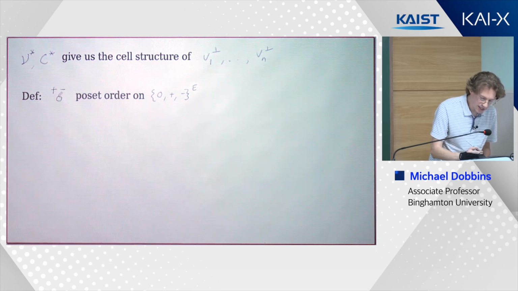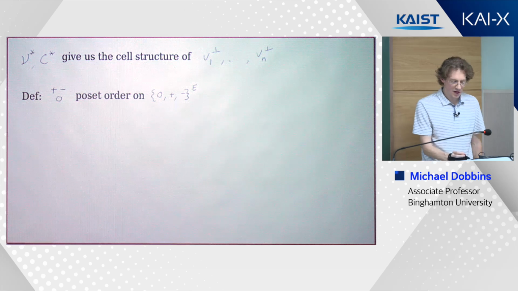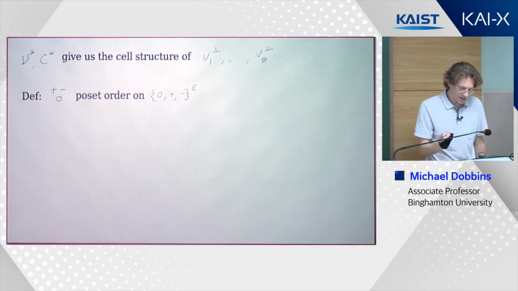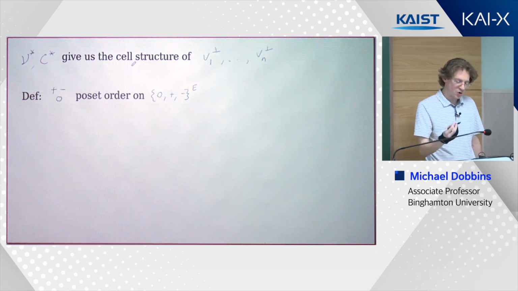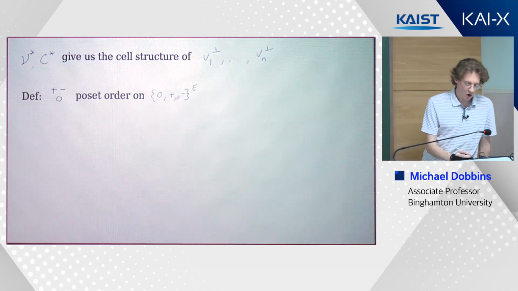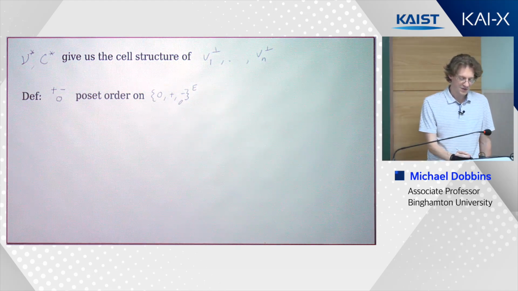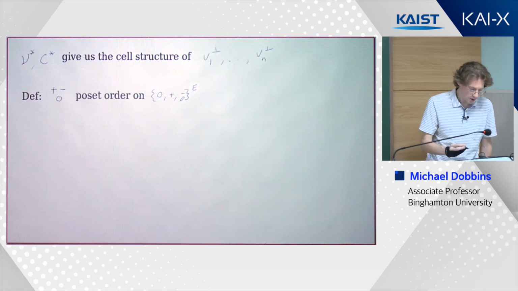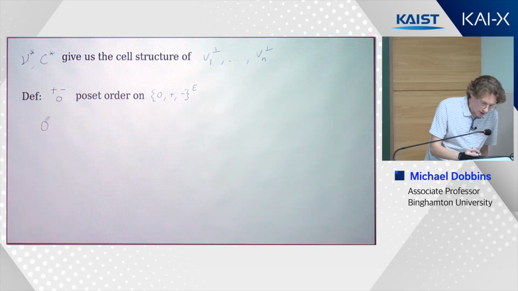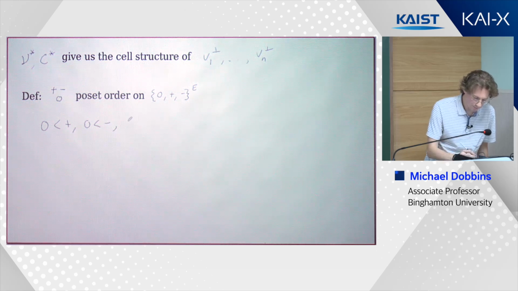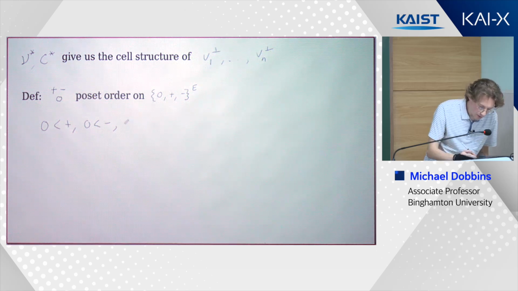One thing is that we saw if we look at the covectors and cocircuits, they give us a kind of cell structure by looking at the orthogonal complements of these, and it's natural to order those cells by containment. There's a corresponding poset order on the set {0, +, -} of sign vectors, where we consider 0 to be less than plus and also less than minus, and then we regard plus and minus to be incomparable.